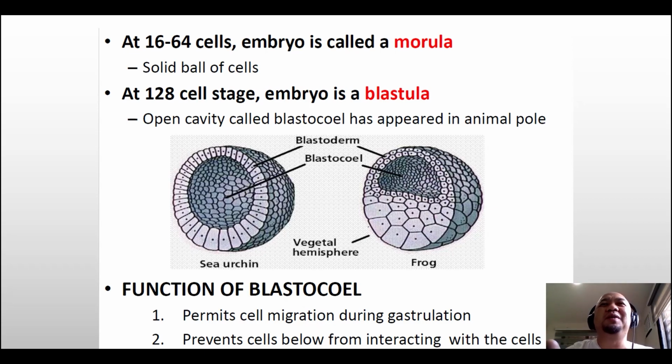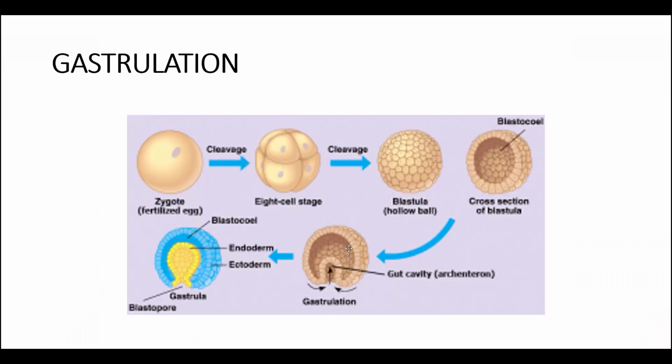Embryo is called a morula. It's also called the morula stage, where a solid ball of cells are being produced. At 128 cell stage, the embryo is a blastula, or we are in a blastula stage. There you go.